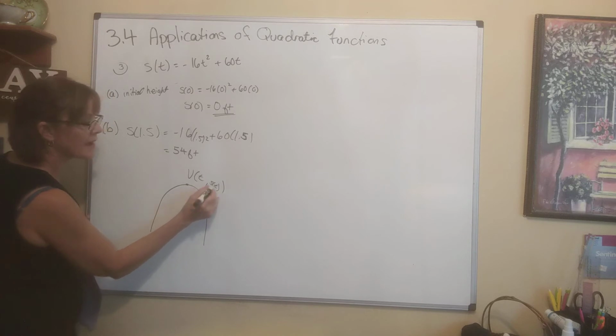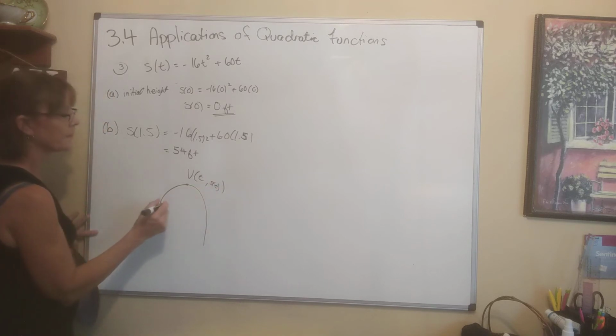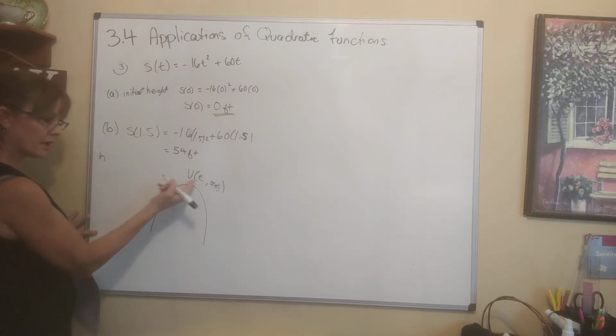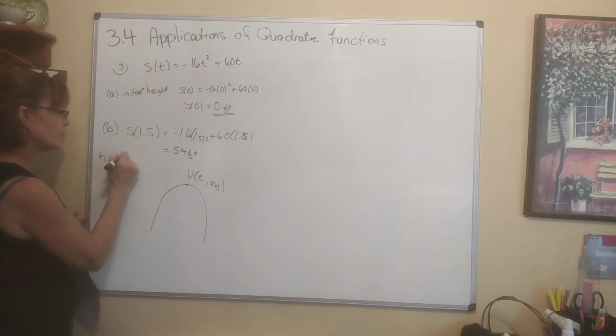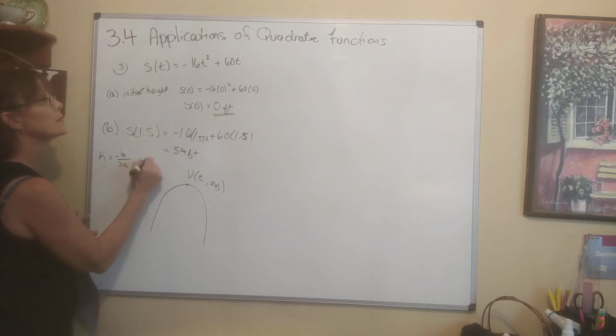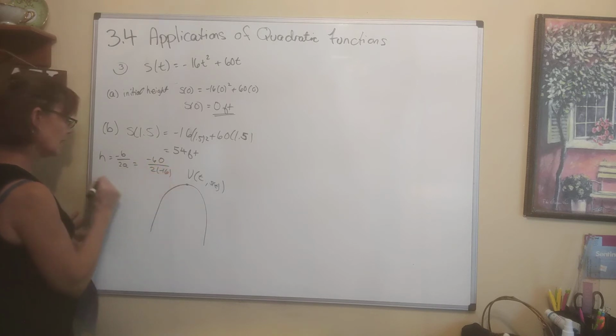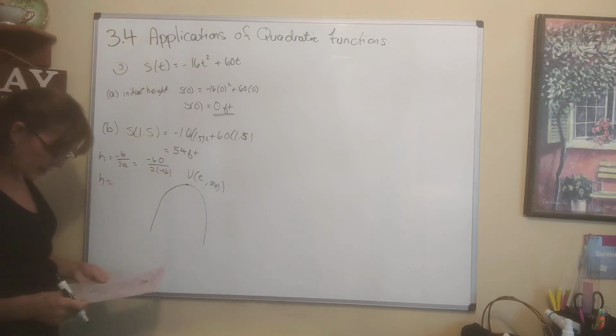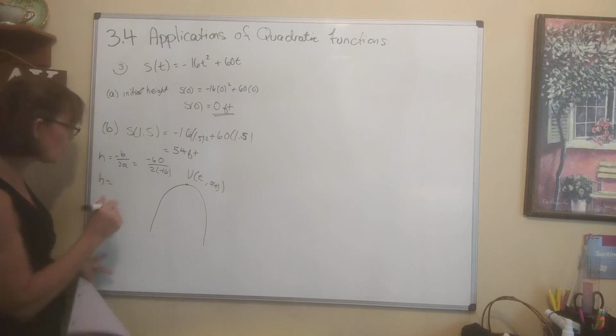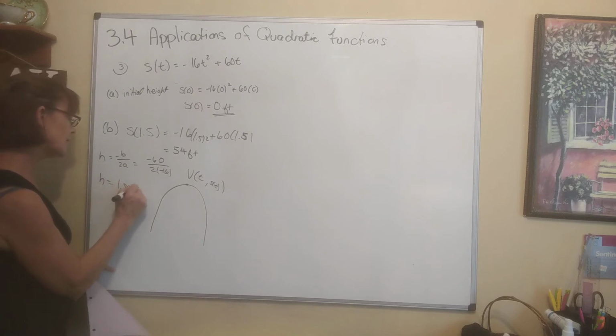This is where the maximum height will occur. Again, this coordinate h is negative b over 2a, so it's negative 60 over 2 times negative 16. So h is going to be 1.875 seconds when we plug that in.